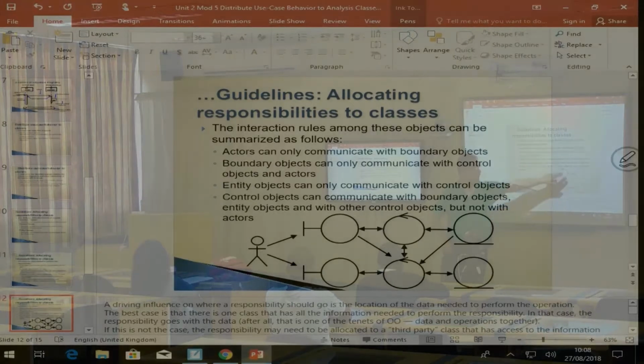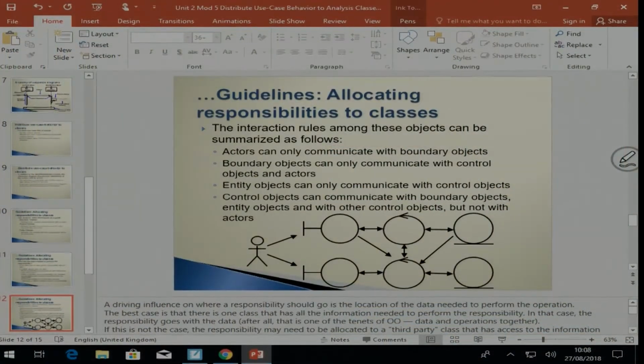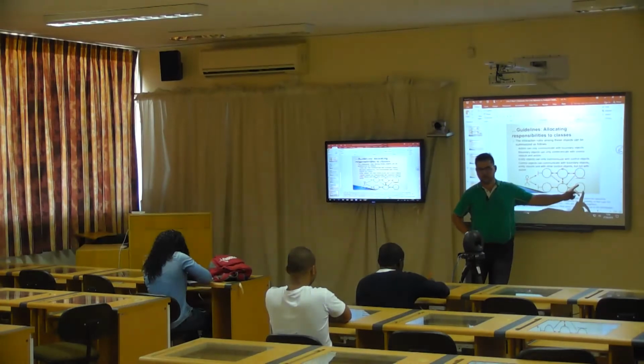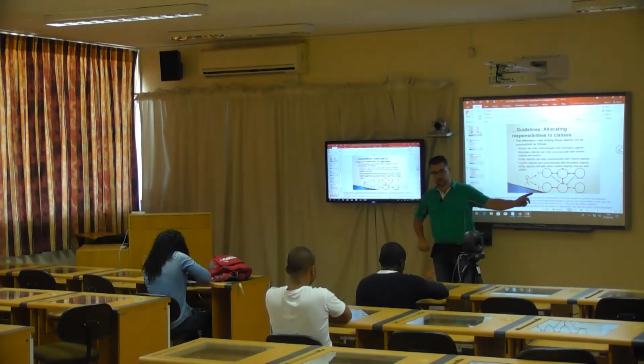Then, from your boundary class, you are working with what? The control class, because they know about the behavior we are going to have. Then we also have an entity class which is storing the data.